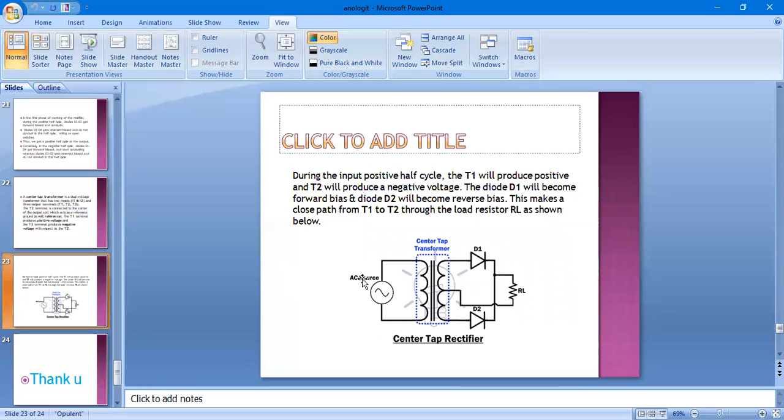During the input positive half cycle, T1 will produce positive and T3 will produce negative voltage. The diode D1 will become forward biased and diode D2 will become reverse biased. This makes a closed path from T1 to T2 through the load resistance.